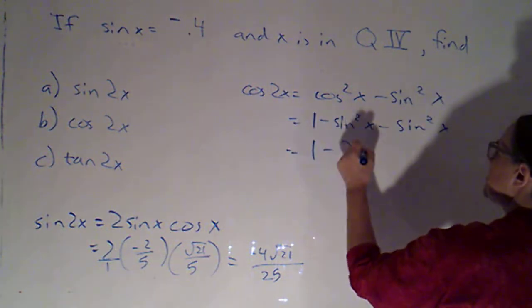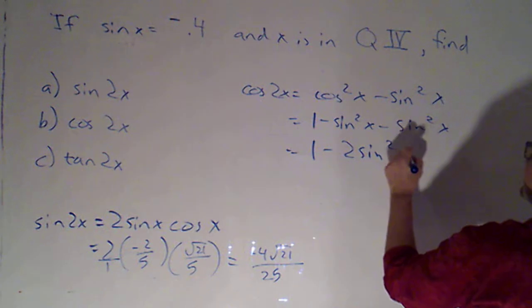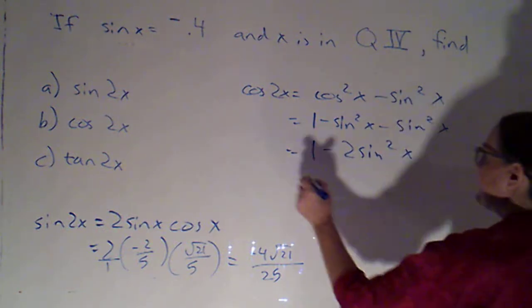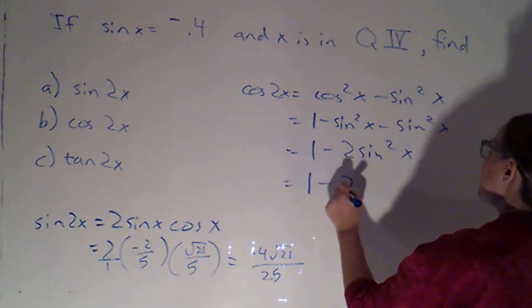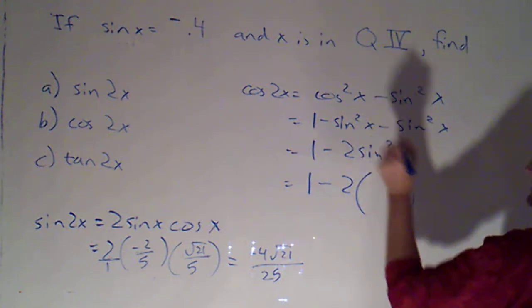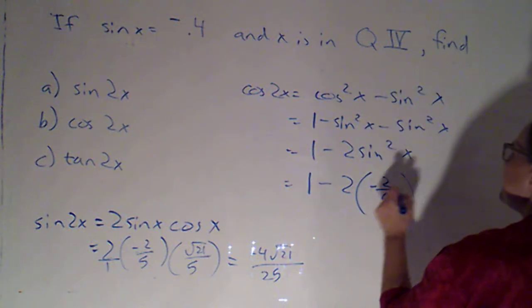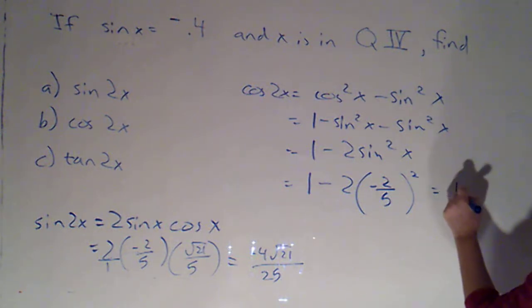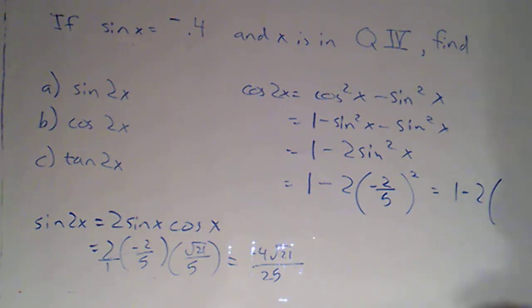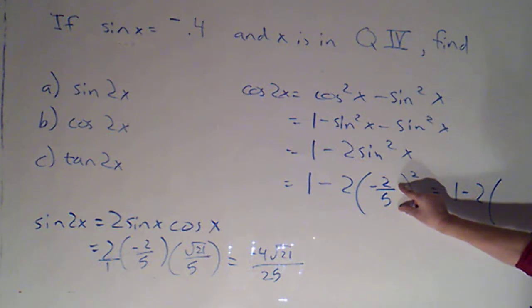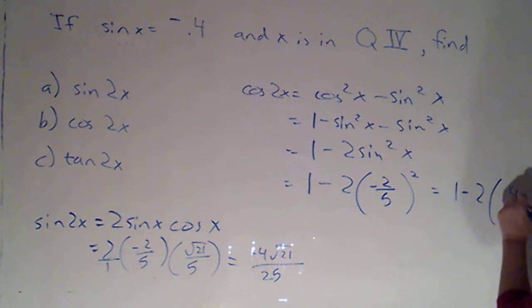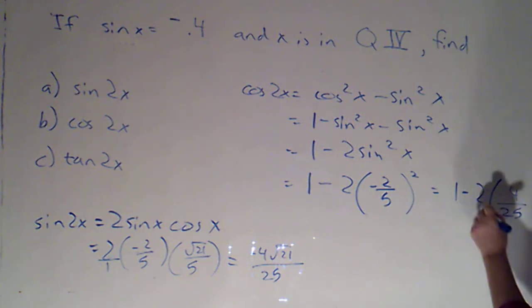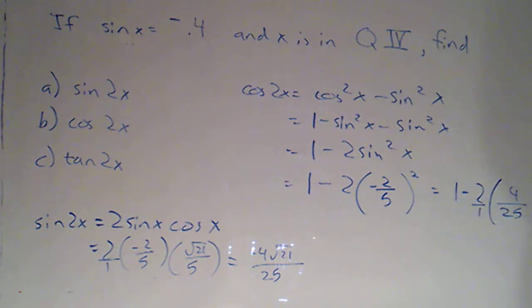So that's 1 minus 2 sine squared x, which in this case is going to be 1 minus 2 copies of, we had said this was negative 2/5 squared. So that's 1 minus 2 copies of, when I square a negative, of course, it becomes positive, so that's going to become 4 over 25. Write that 2 over 1.